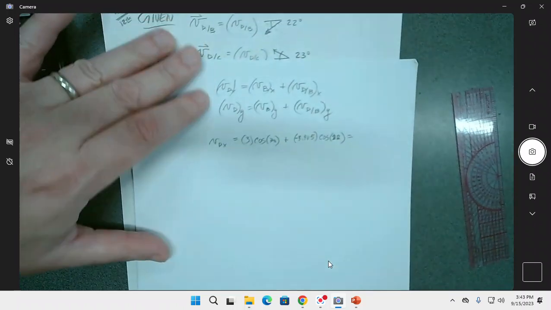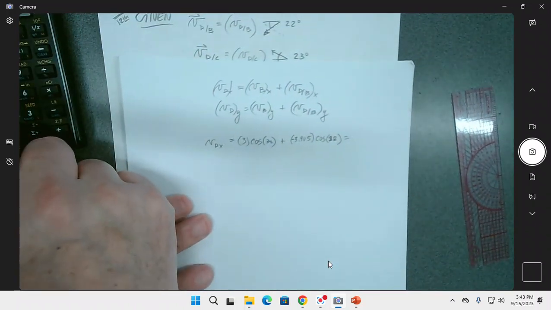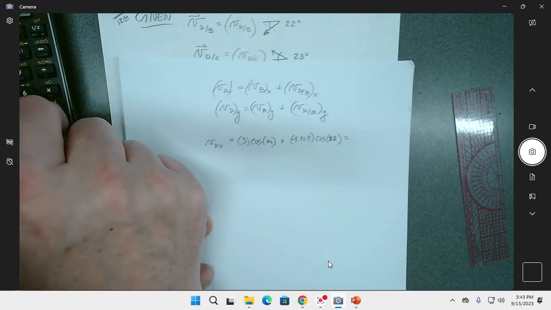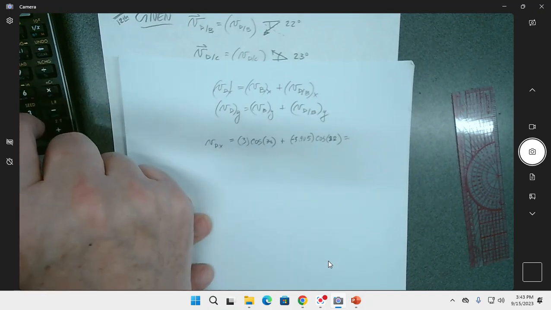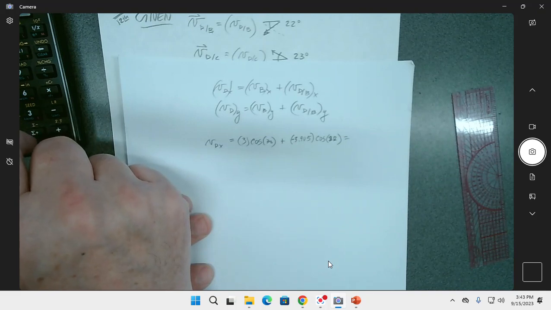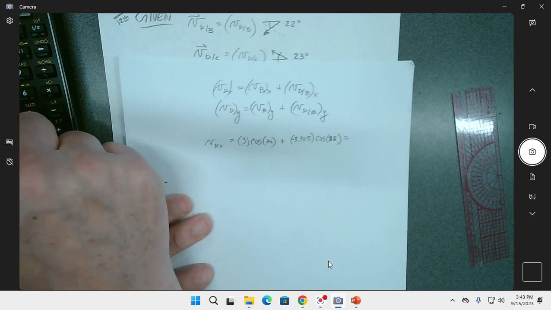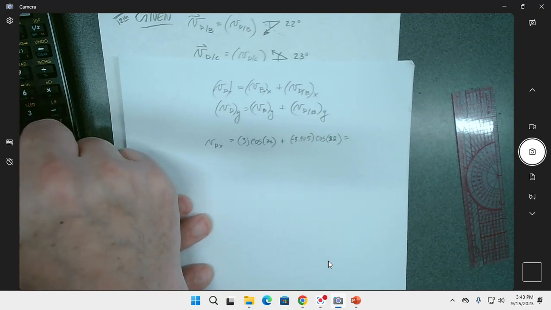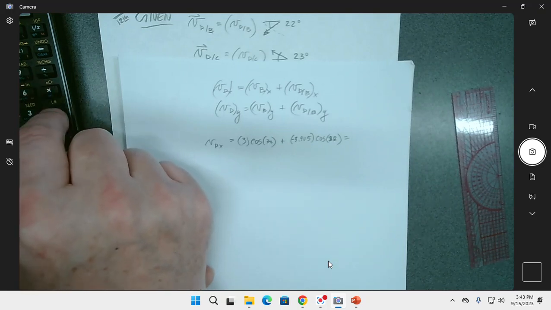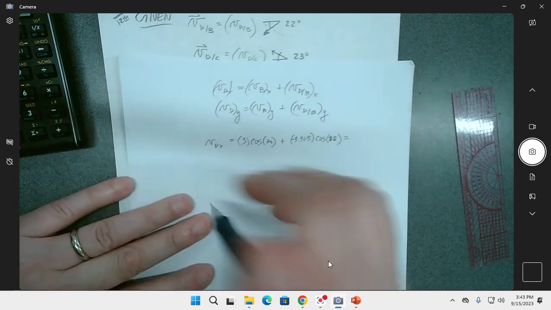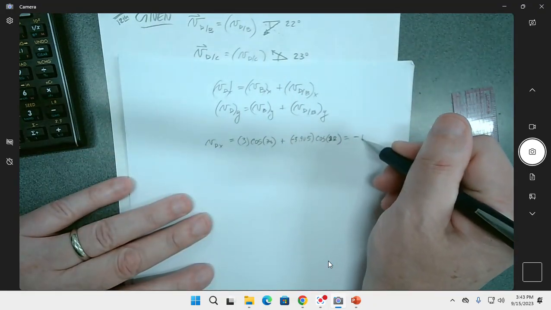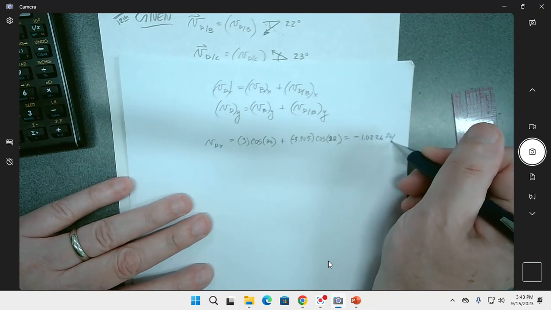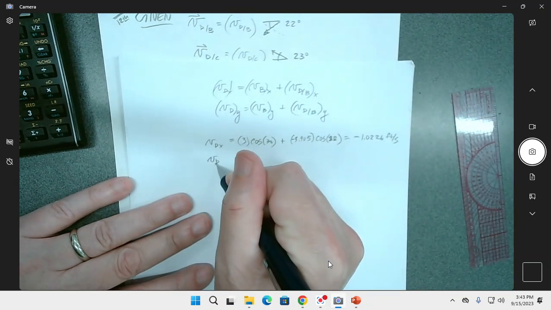So we can actually find that value. 3 times cosine 30, and then 3.905 times cosine 22, and then subtract, and we'll have a negative 1.0226 feet per second. And then do the same thing for the y.